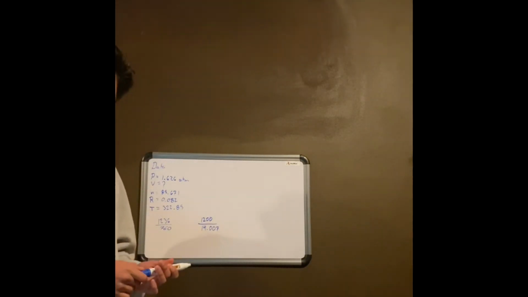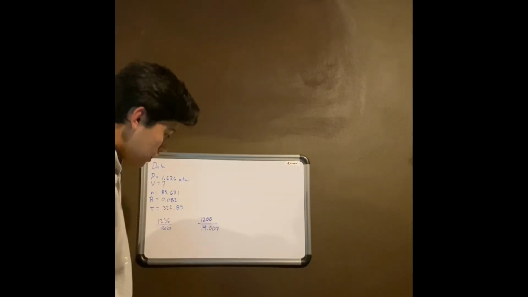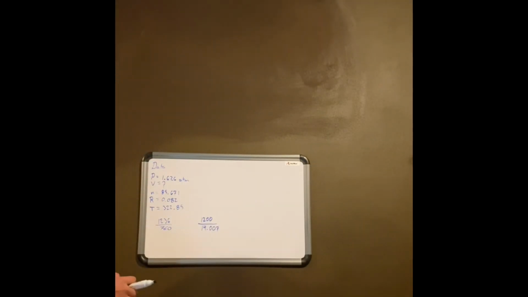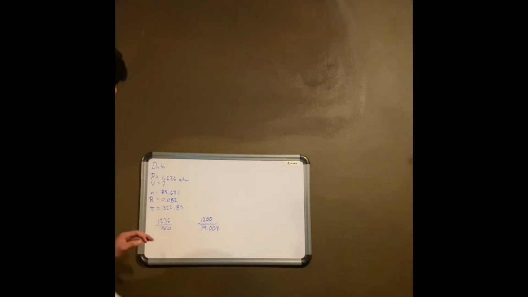The molecular weight of nitrogen was 14.007, like James Bond. And by doing this equation, we get 85.671 moles. Then we have the constant of the ideal gases, which is the same as always, 0.082.